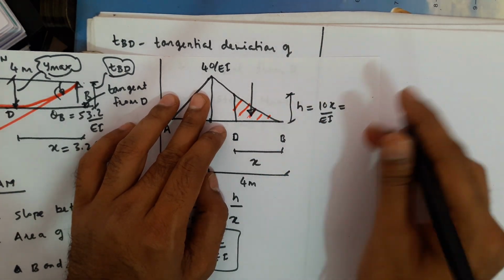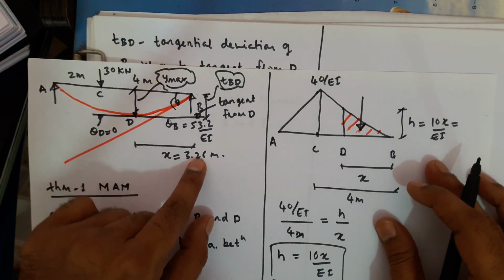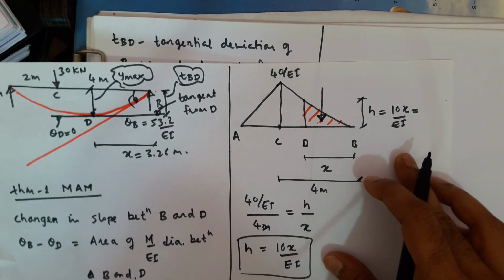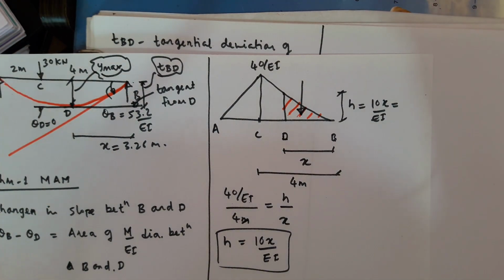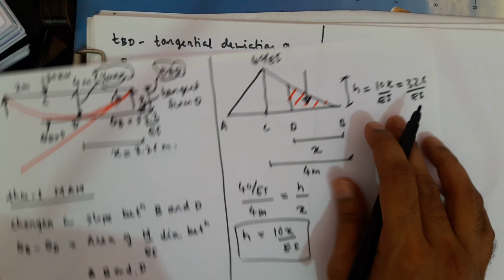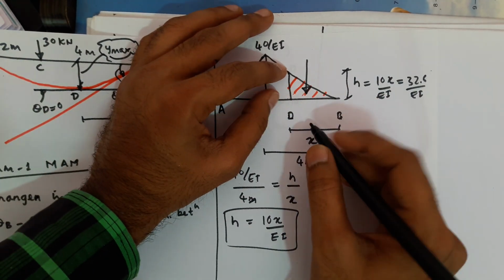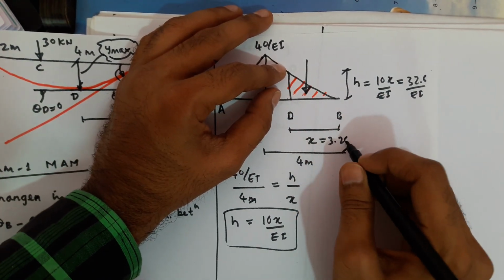You can calculate this H because x is known to you, 3.26. So this is 32.6 by EI height and the base is 3.26.